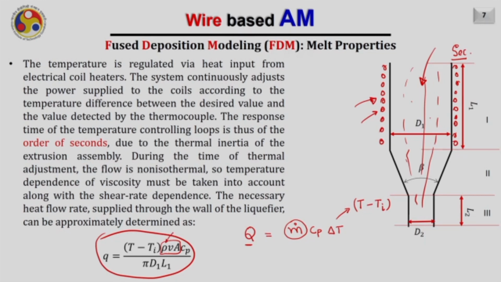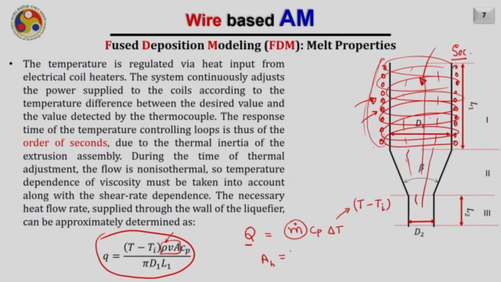Also, the area from which we are supplying the heat is given here. This is the surface area, because these coils are surrounded around region 1. So, the area corresponding to the heat input, I am writing it as AH, will be equal to pi D1, where D1 is the diameter of this zone, times the length of this zone L1.